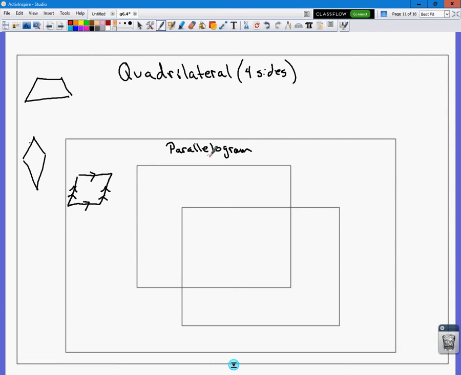Today we talked about special types of parallelograms. We talked about a rectangle, which meant my parallelogram now wasn't just opposite sides parallel, but also had what? 4 right angles. We talked about a rhombus.